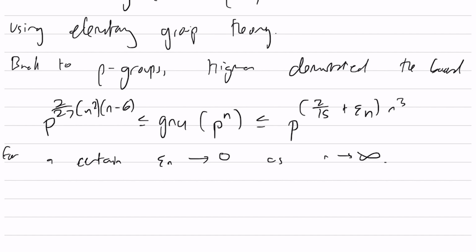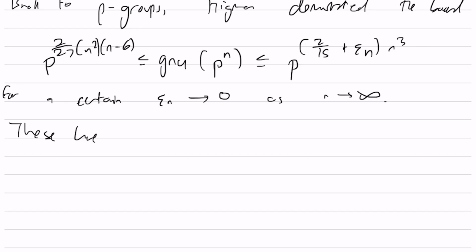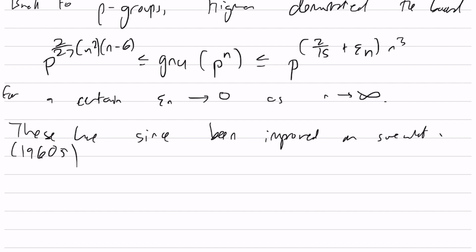So these are significantly stronger bounds. These have since been improved on somewhat. And I believe these bounds were proved in the 1960s.